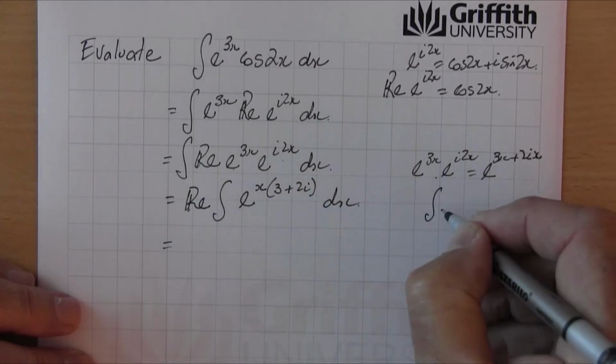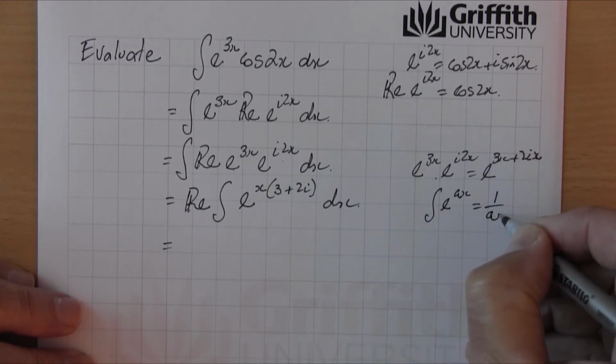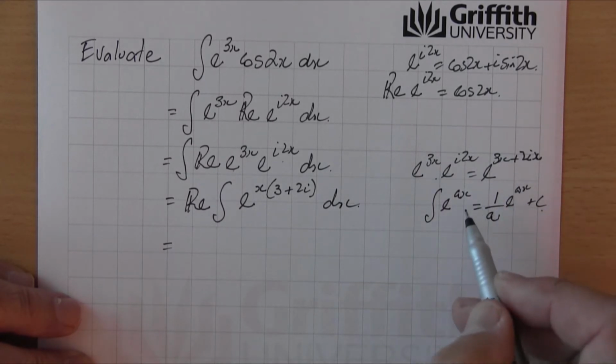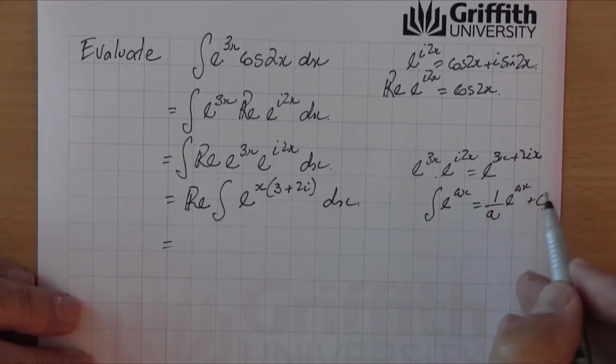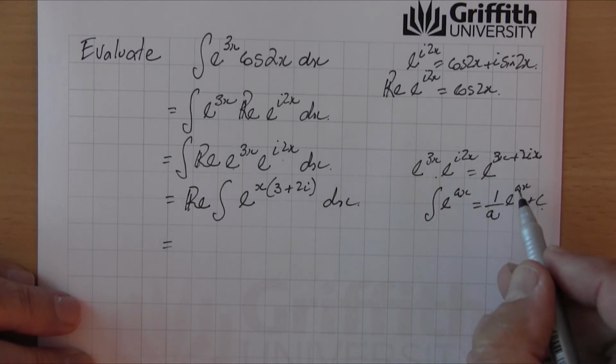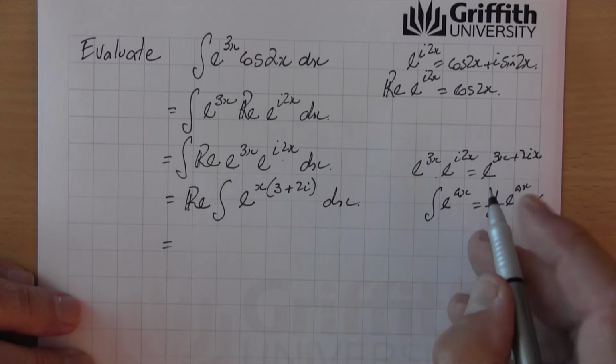Now the integral of e to the ax is equal to 1 on a, e to the ax, plus some constant. If I find the derivative of this, I should get back to e to the ax. When I find the derivative of e to the ax, I'll have an a out the front and they will cancel, leaving e to the ax, and then the derivative of the constant is 0.